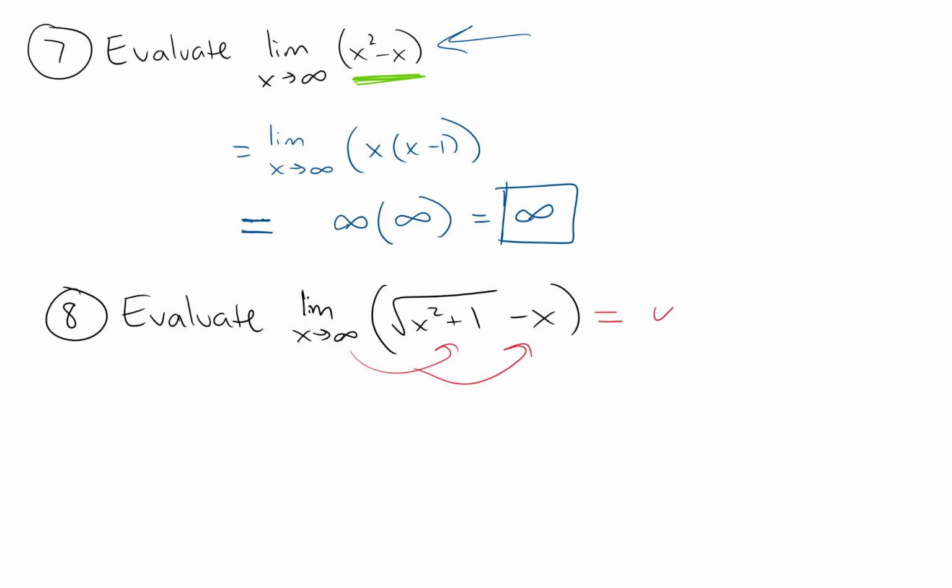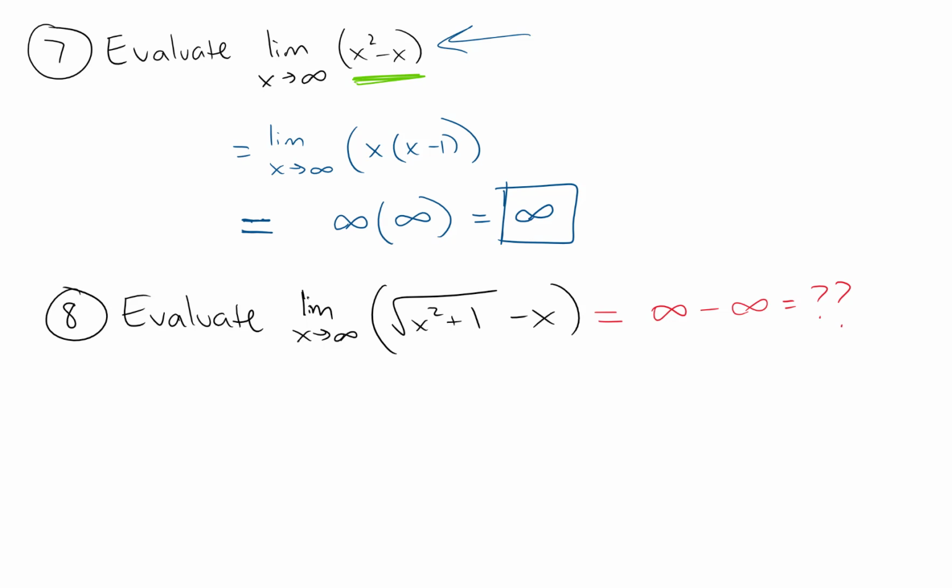Take the square root of something infinite, it's still infinite, minus something that's infinite. So we said if we have infinity minus infinity, that's indeterminate. We don't actually know what that equals. We can't assume it's 0. We can't assume it's 2. We can't assume it's infinity. We don't know what's happening.